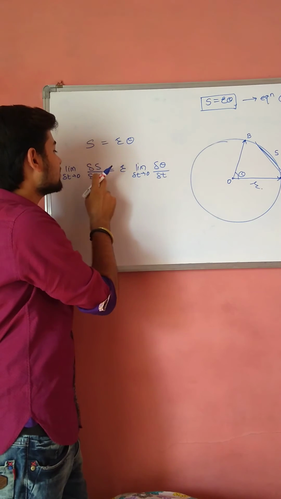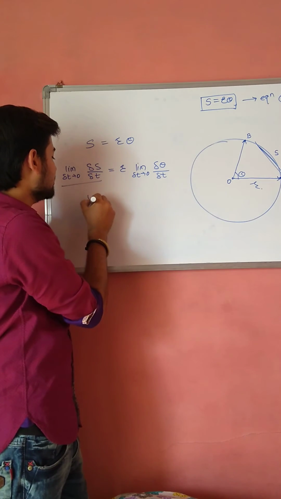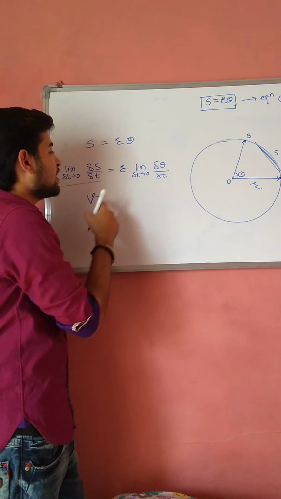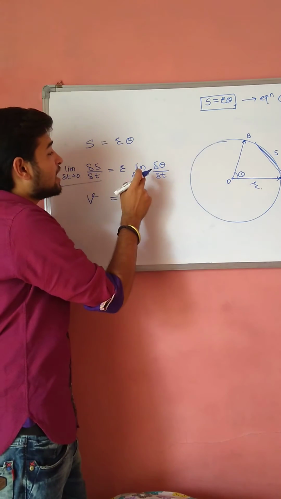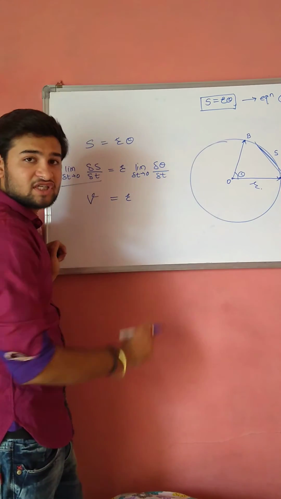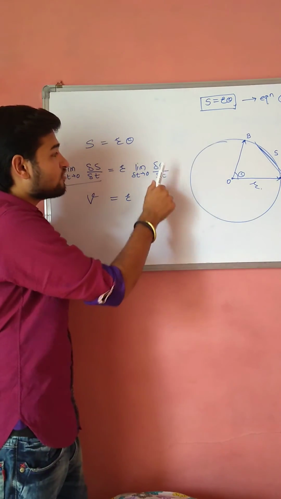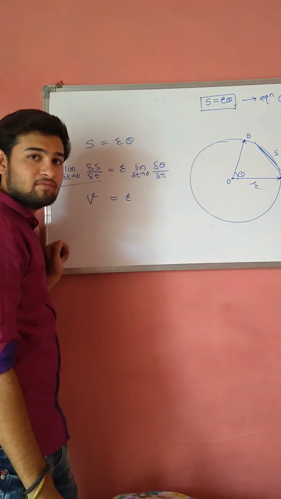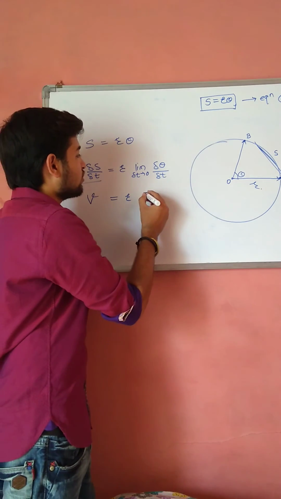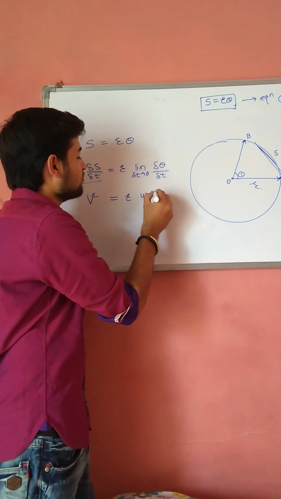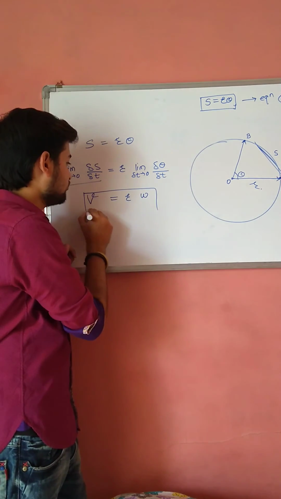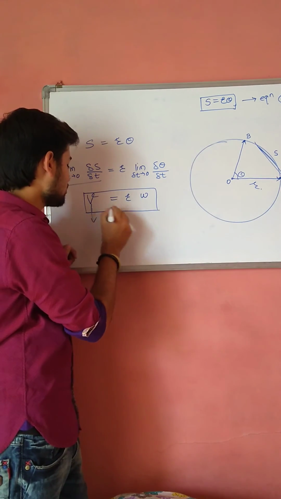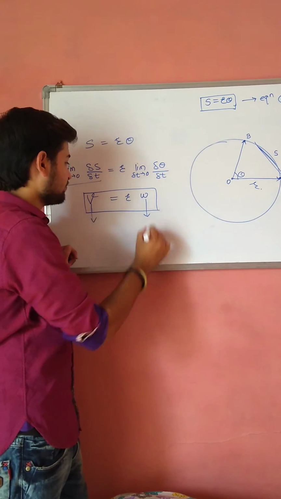So this quantity becomes v, that is linear velocity. R remains constant, and the remaining quantity, which we derived initially, is the rate of change of angular displacement with respect to time, that is angular velocity omega. So this is the required relation between the linear velocity and the angular velocity: v is equal to r omega.